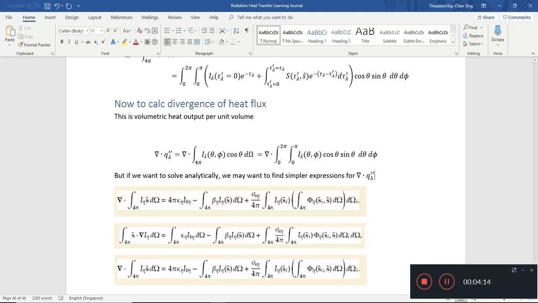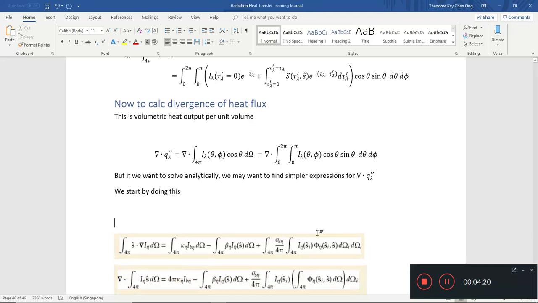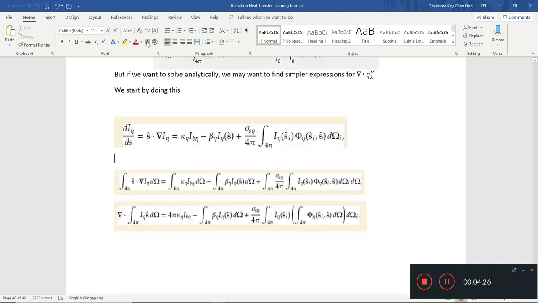Okay, I think this is the wrong one. Copy and paste this here. So this is the radiation transport equation. We notice that, hey, we already have a nabla down here, which is the gradient of the intensity.